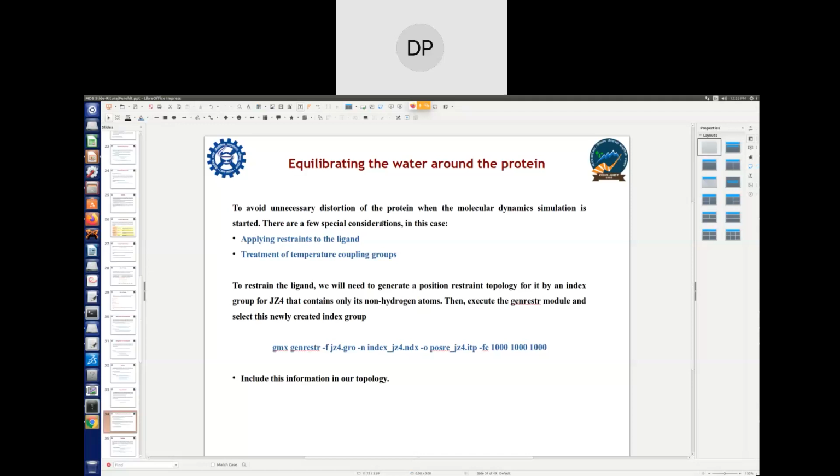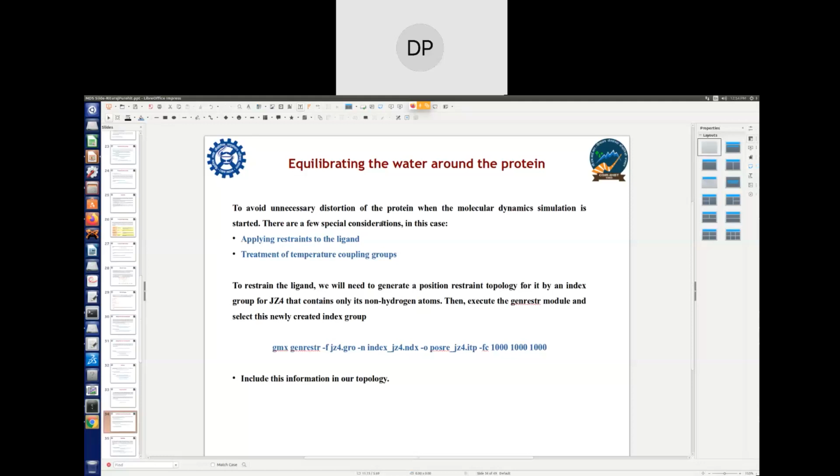If you are not performing this, then it will act like, if you take an example of a cotton ball surrounded by oil, right? At that time solvent cannot enter into that. So to get a real picture, your solvent should be properly soaked by your protein-ligand complex.